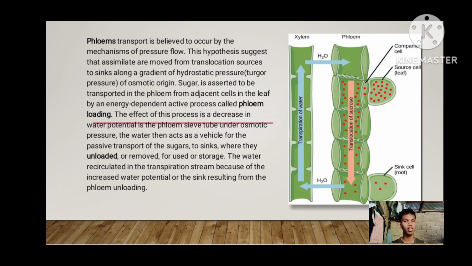The effect of this process is a decrease in water potential in the phloem sieve tube under osmotic pressure. The water then acts as a vehicle for the passive transport of the sugars to the sink, where they are unloaded or removed for use or storage. The water is circulated in the transpiration stream because of the increase of water potential at the sink resulting from the phloem surrounding.